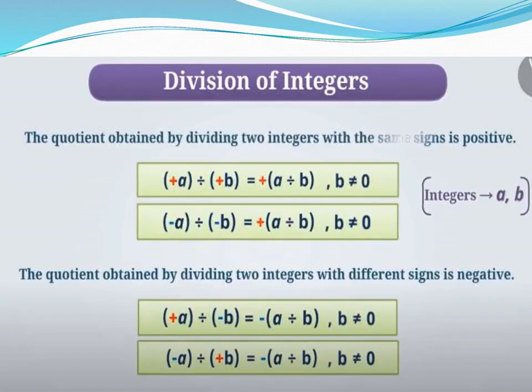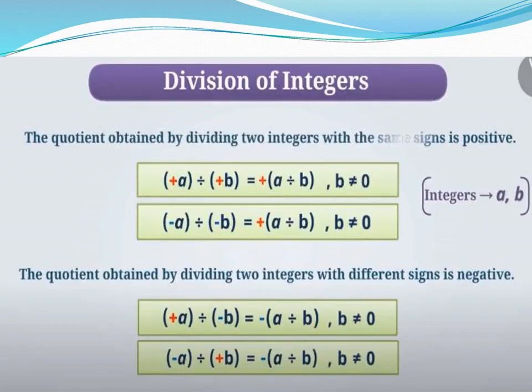Next condition, the quotient obtained by dividing two integers with different signs is negative. Suppose you take two integers, one positive and another negative, the resulting quotient is negative.